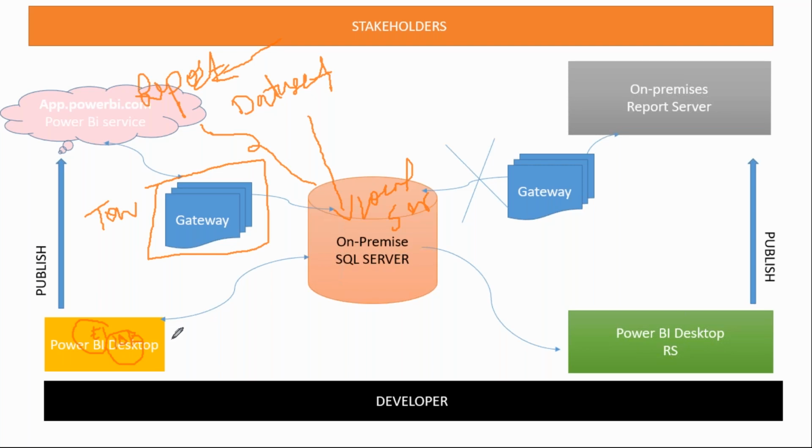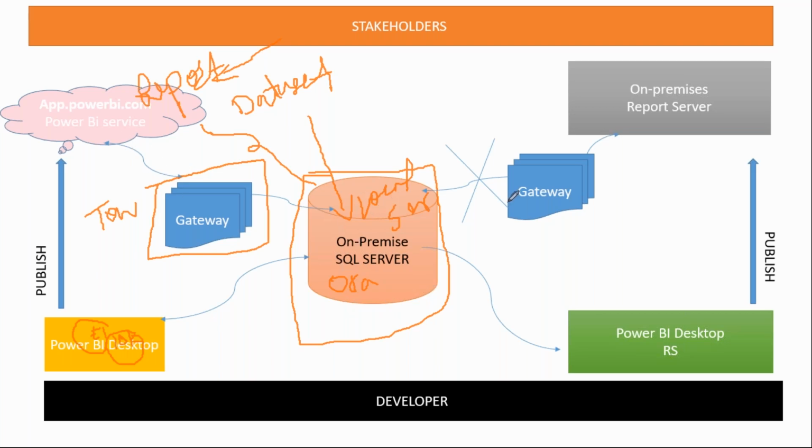You will connect your report with what? With your local server, SQL Server, or it could be any Oracle server. Let's take Oracle also, anything. But this is on-prem. On-prem means it's locally residing, it's a local server. It's not sitting in the cloud.